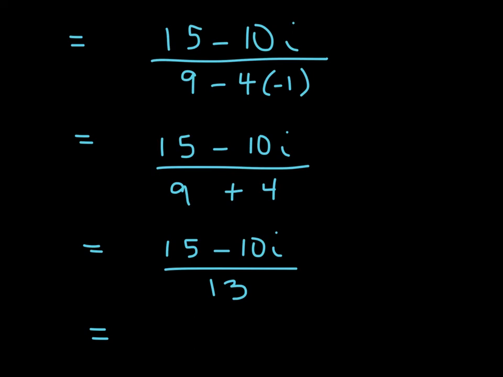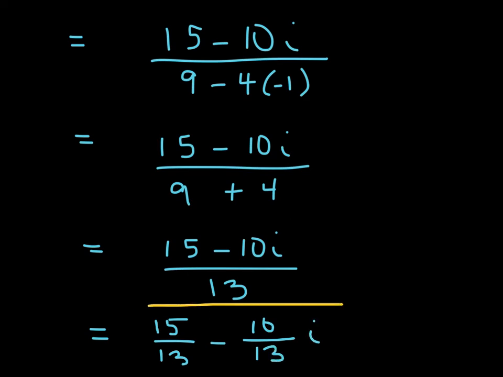So then this is 15 over 13 minus 10i over 13. So we're going to rewrite it like this. The first term over the denominator minus the second term over the denominator. This must be the way you write your final answer for complex numbers, always in standard form. So your real part is 15 thirteenths. Your imaginary part is negative 10 thirteenths.